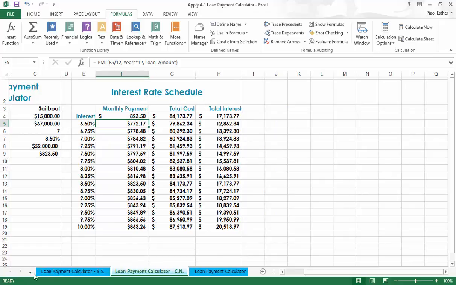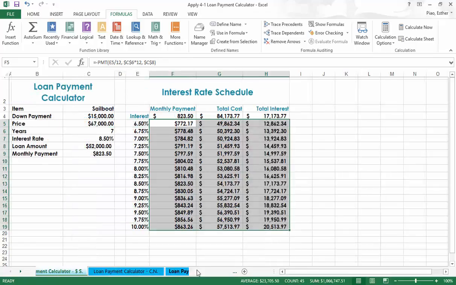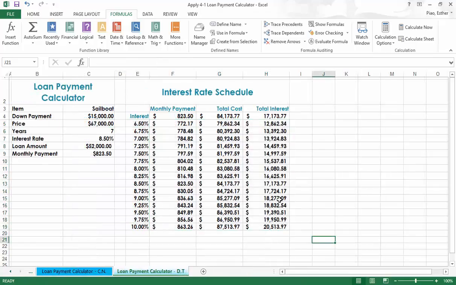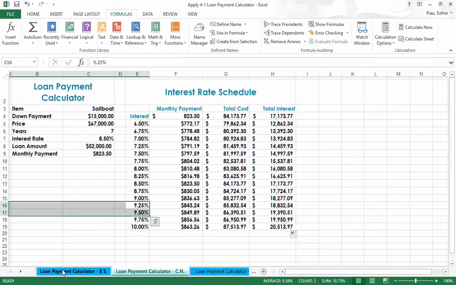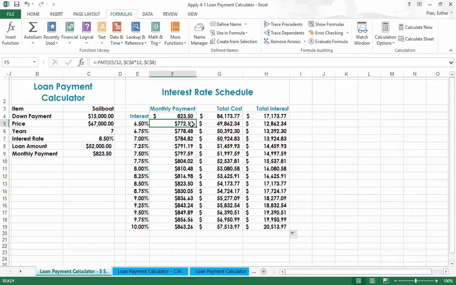So these are 3 different ways of completing this particular assignment. Using the data table function is the super advanced way of doing it, and cell naming is a somewhat advanced way. There is also the most commonly used way, involving absolute referencing. So you need to be able to complete this assignment in 3 different ways. Okay, thank you.